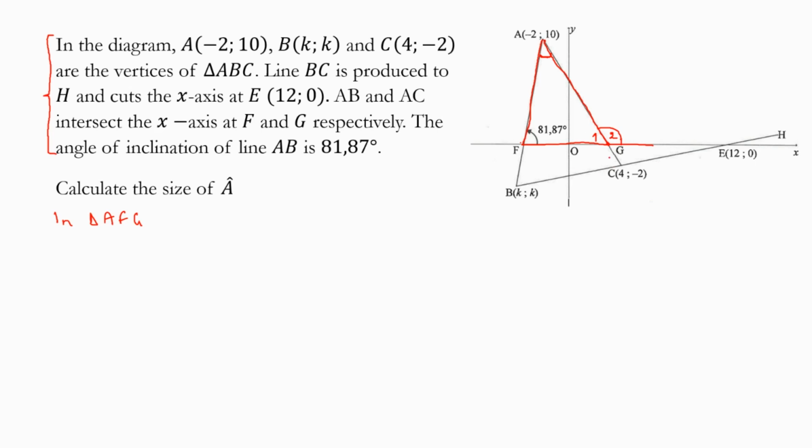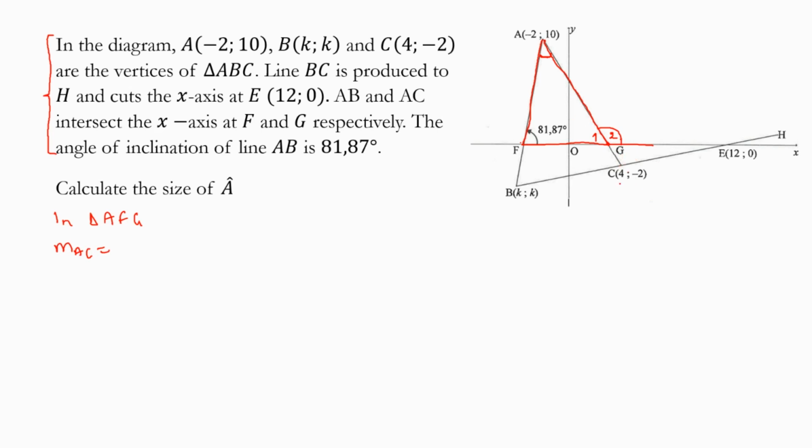We need the gradient of AC, and then we can find the angle of inclination from that. Let's find the gradient of AC. So gradient of AC is equal to change in y over change in x. What are the coordinates of G?